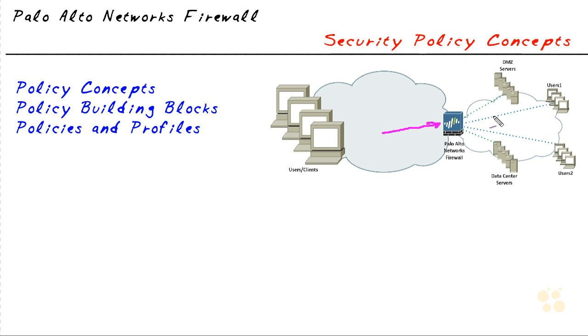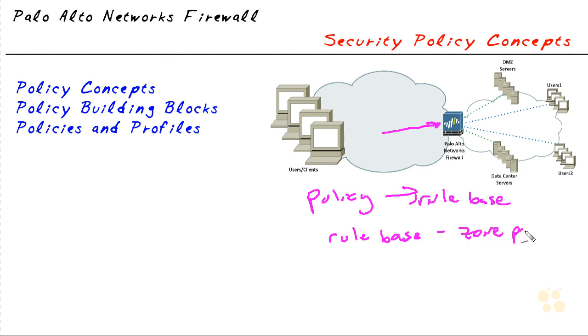You have a rule base for each separate zone. So policy is made up of rule bases, and a rule base is specific to each zone pair.